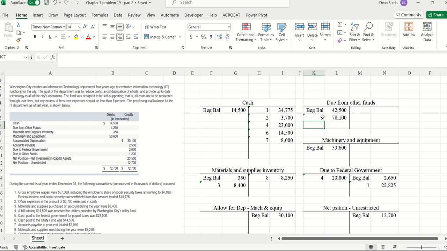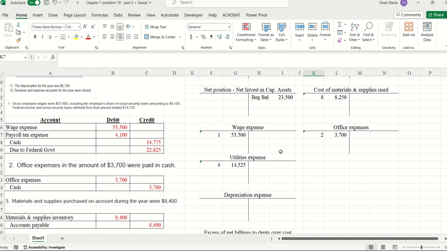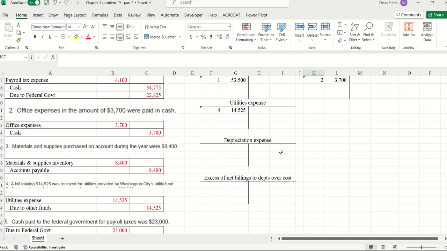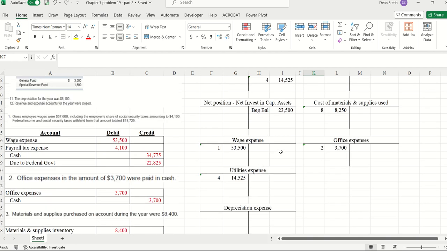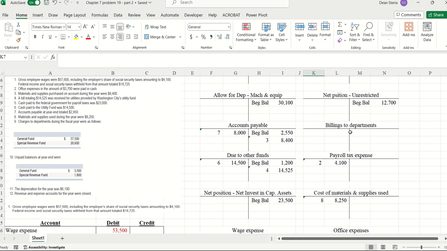This is entry 9. And then we should have an expense or an account here. Billings to department. Where is it here? Right here. So we're going to credit that for 78,100. That's entry 9.